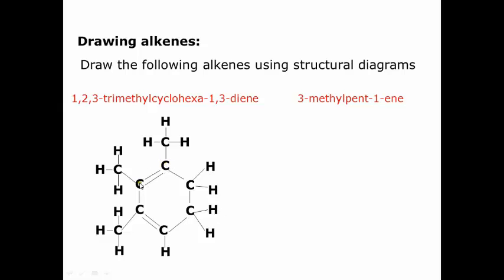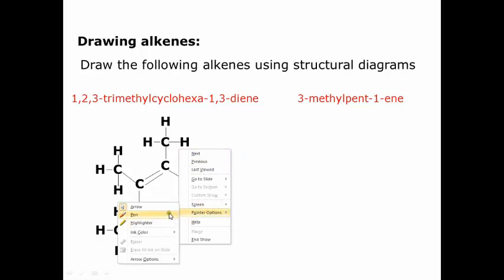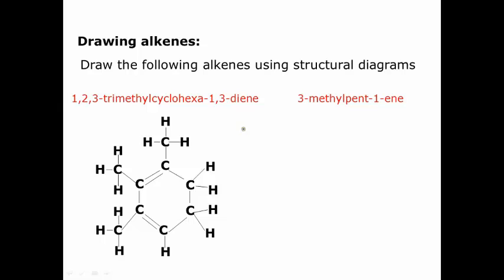So carbon 1, 2, 3, 4, 5, and 6. Here's my ring structure here with a methyl branch at carbon 1, 2, and 3. So you can see why the complete structural diagrams aren't always drawn. They're hard to interpret, but here's another way of drawing it.